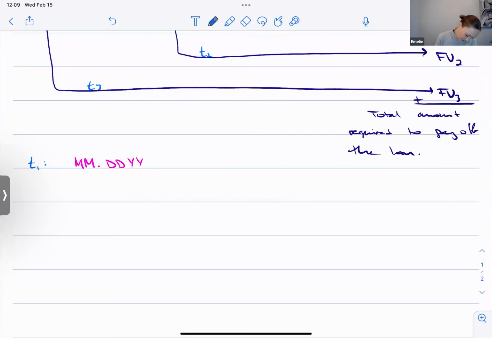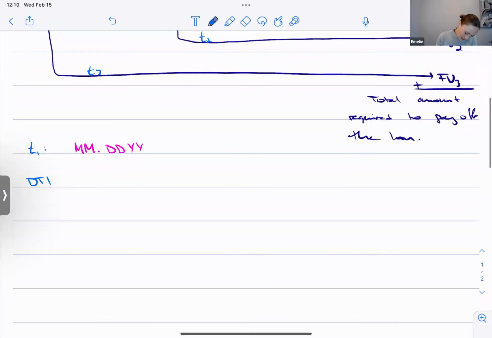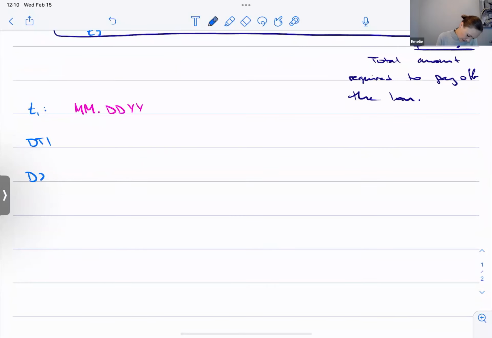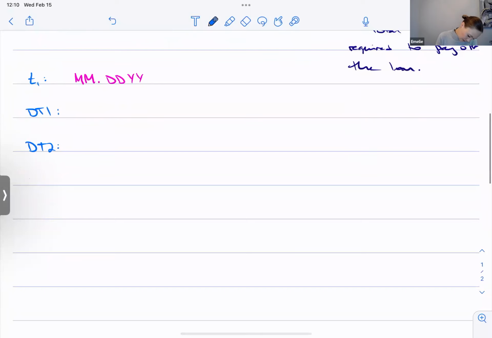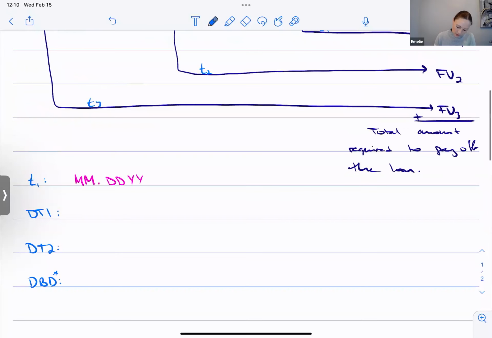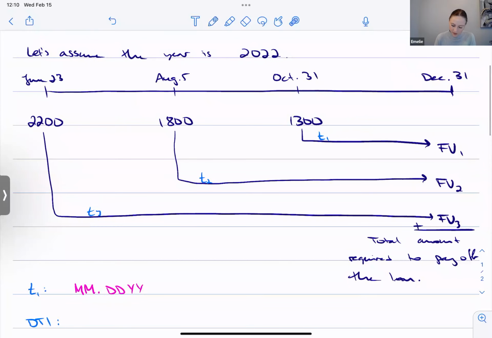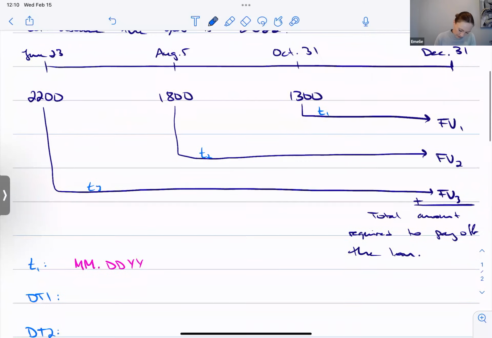So we're going to have date 1, date 2, and the days between dates, which is what I'm solving for, so I add a little asterisk. Date 1 is October 31st.